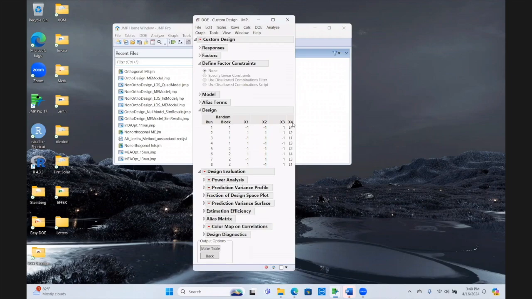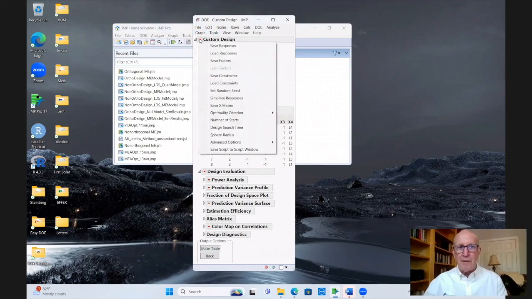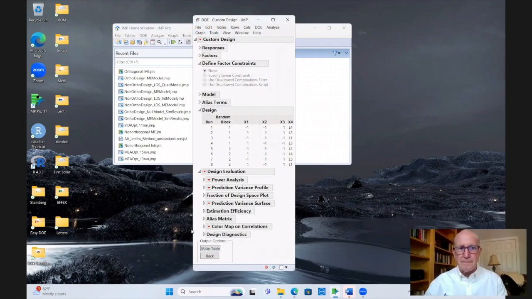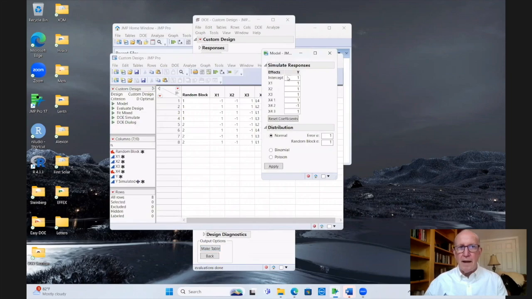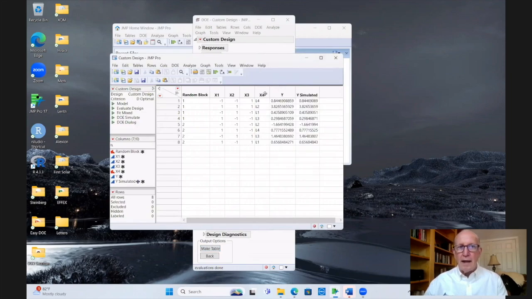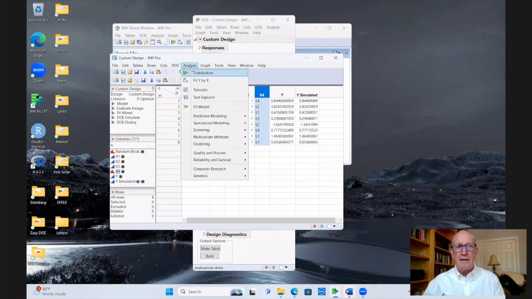So I could simulate data from this. And in the analysis, I could make this factor be random, so it'd be like a random categorical factor. You can do that by assigning it.